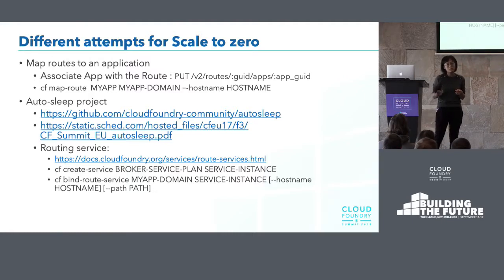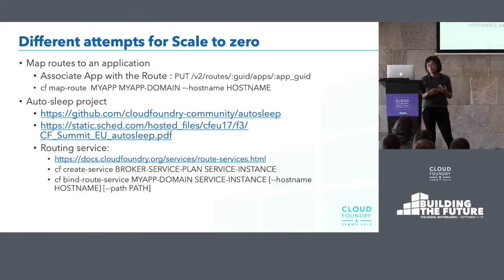If you have a route in space A, then you can't associate the route to an application that's running in space B. So that requires you to co-locate your route proxy with your target application in the same user space. That is ridiculous. You want to scale to zero to save cost, and then you need to add another application.